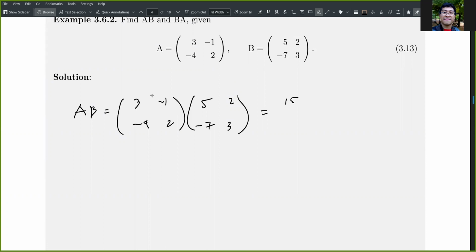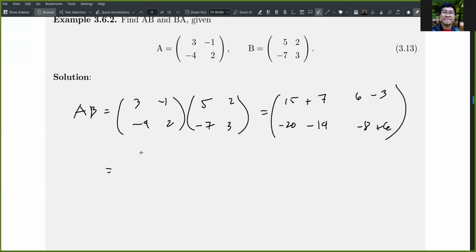So this row times this column, 15 plus 7. And then this row again, this column, 6 minus 3. This times this, so that's negative 20 minus 14. And then this row, this column, you have negative 8 plus 6.